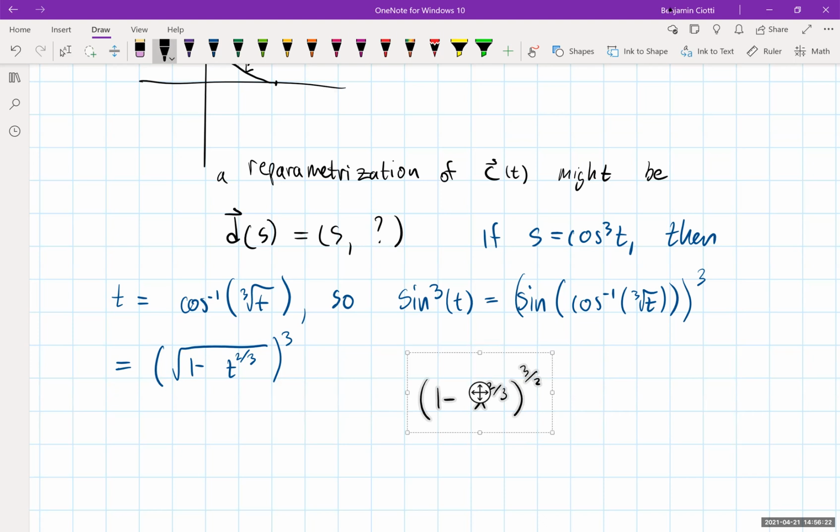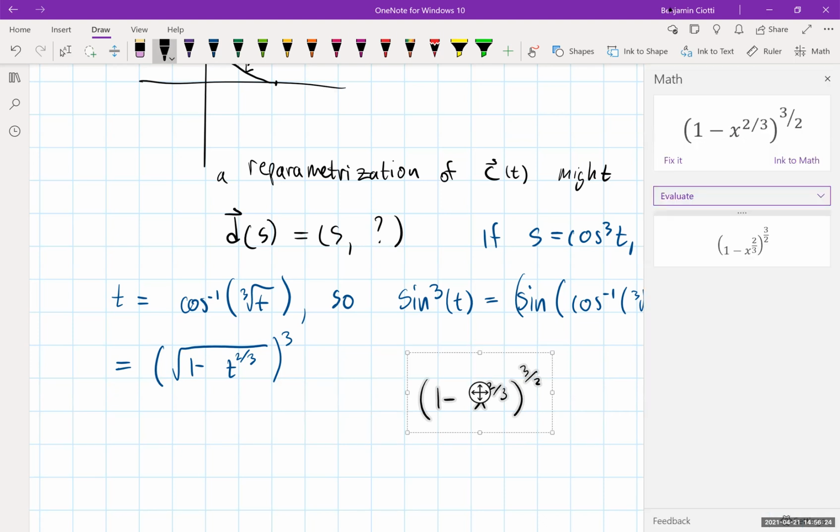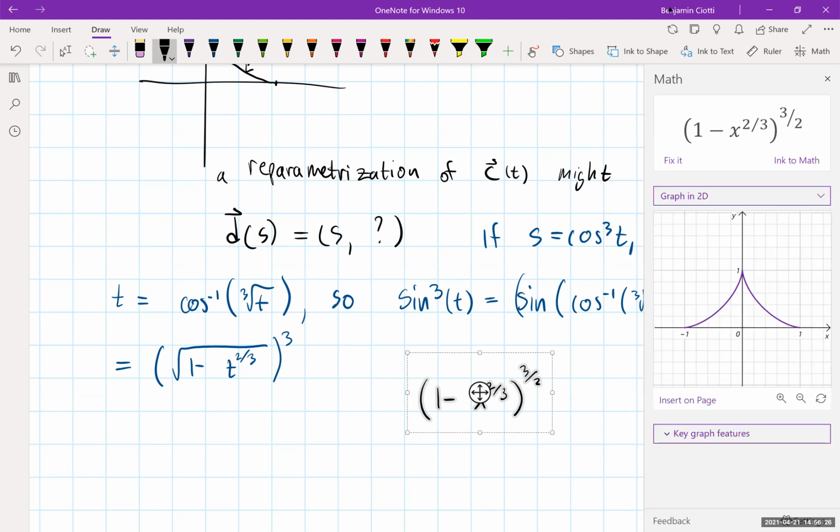So what I was saying, if we set x to be cosine to the third of t, that would be just the one that you selected. But if instead of the 3/2 outside of the parentheses, it would be to the power of 3.